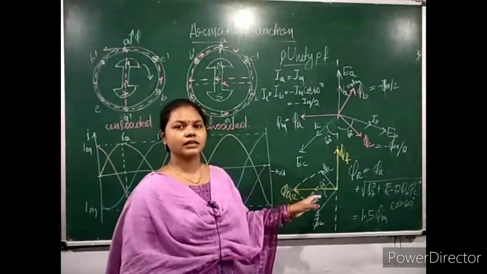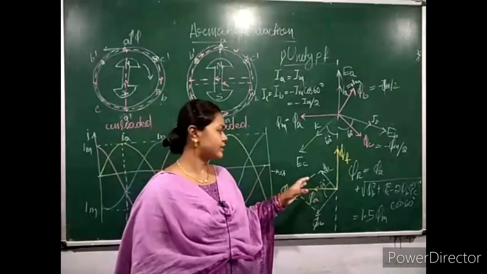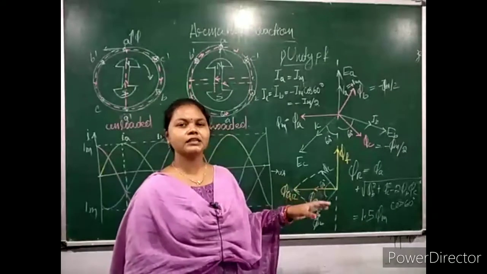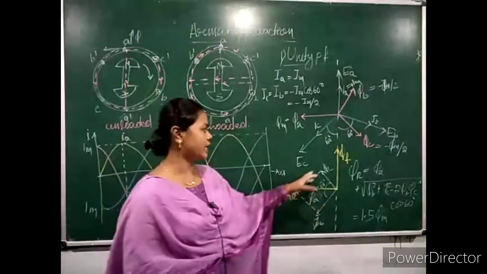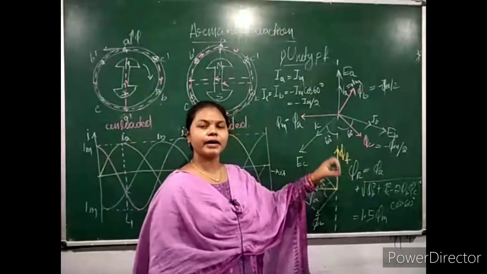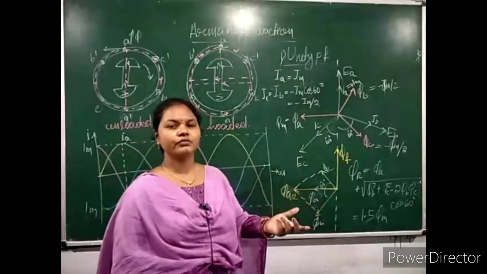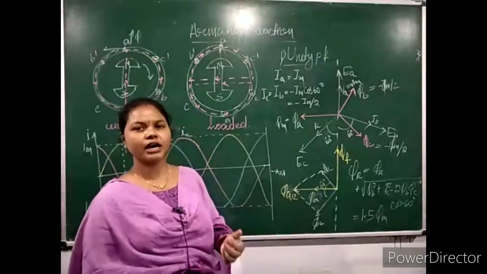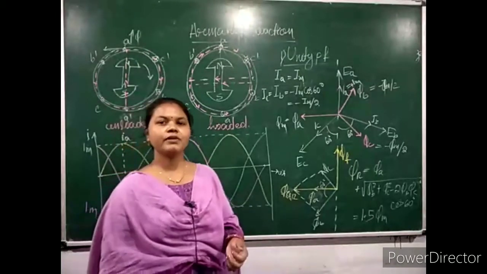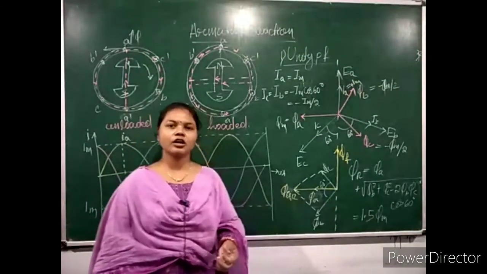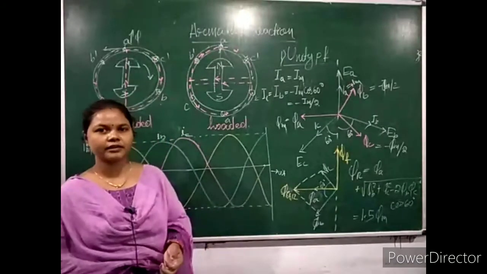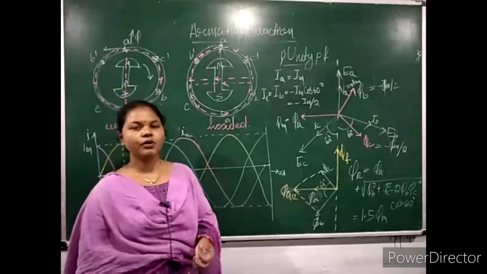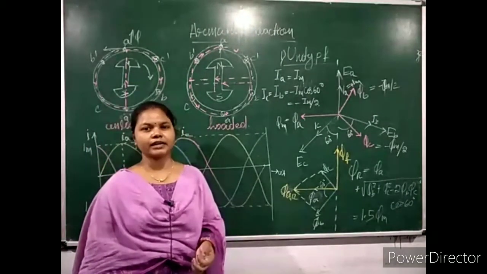It means it doesn't minimize the field flux, but it distorts the field flux, and this effect of armature flux on the main flux is called the cross magnetizing effect.